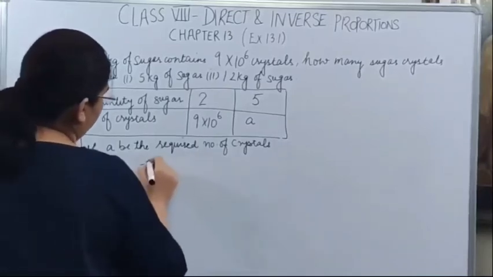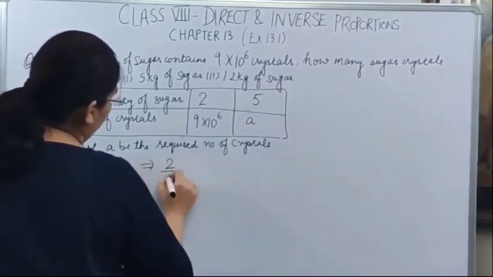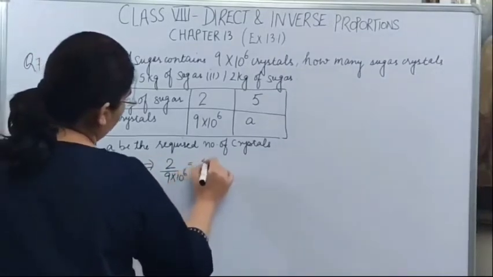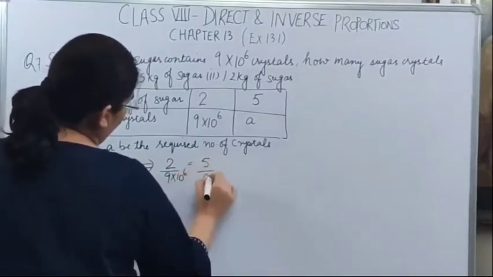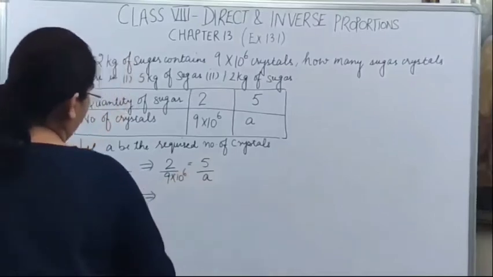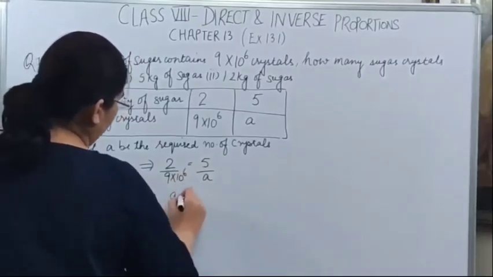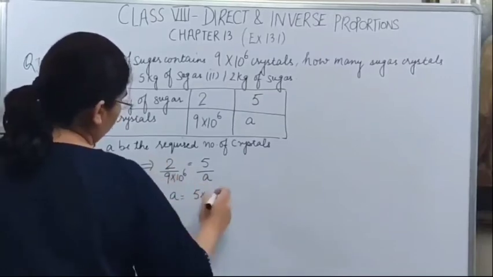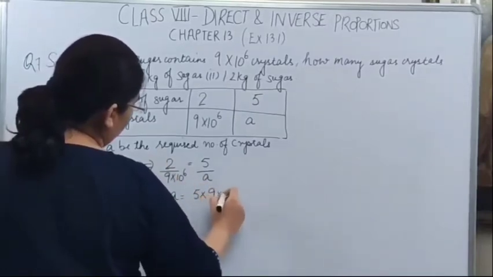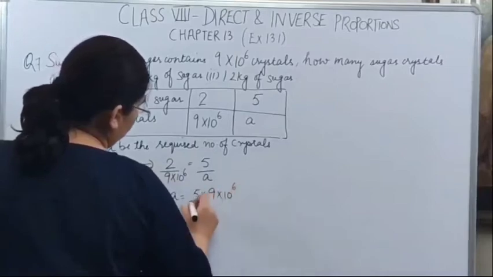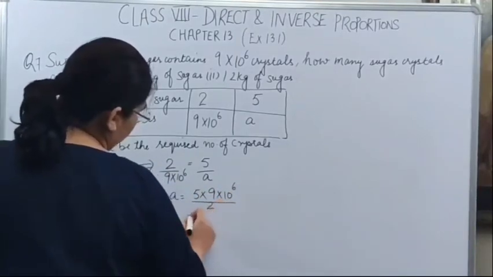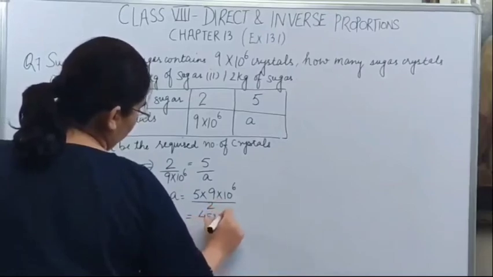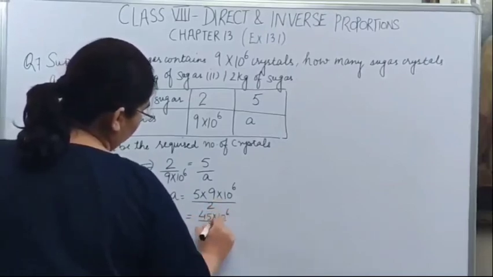This implies that 2 by 9 into 10 to the power 6 equals 5 by A. This means A equals 5 into 9 into 10 to the power 6 by 2. So, 9 5s are 45 into 10 to the power 6 divided by 2.